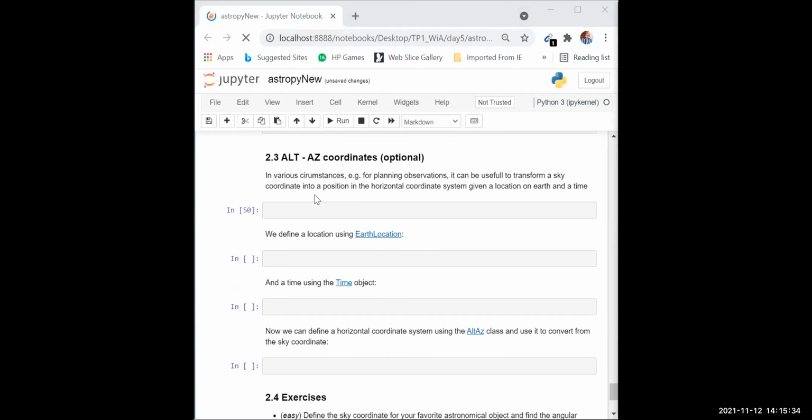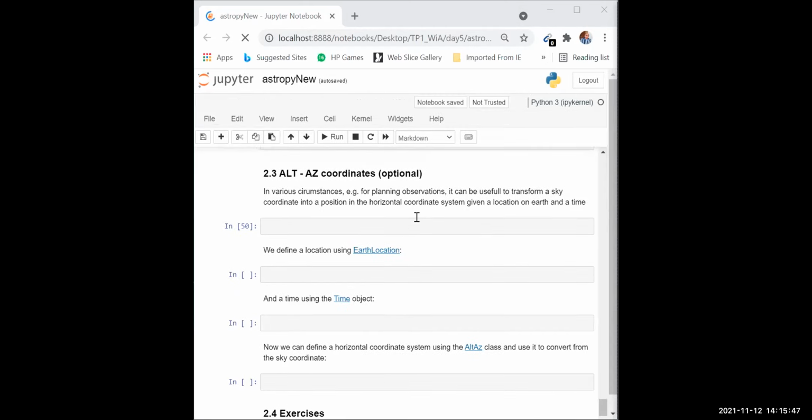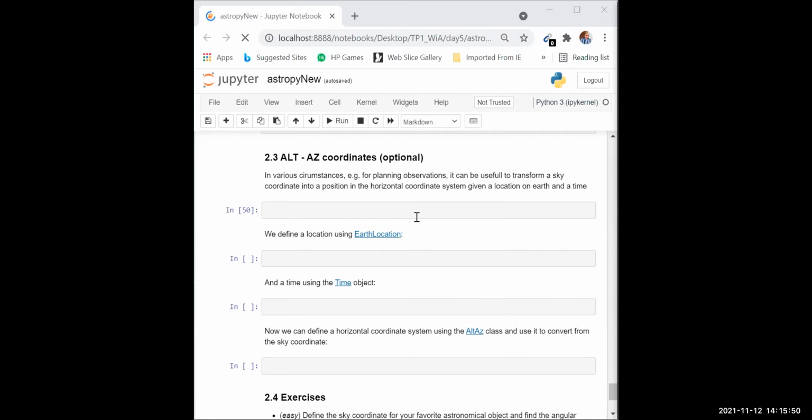Suppose you are planning some observations. It can be useful for us to transform the sky coordinates into the horizontal coordinate system. What this will tell you is whether it is above the horizon or not, whether your altitude is a positive one or not, or at what angle it is. If it's at 10 degrees or 20 degrees above the horizon, then it's not a good time to observe.